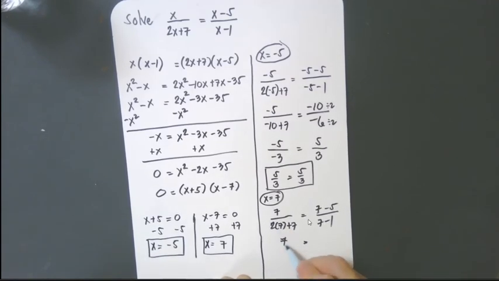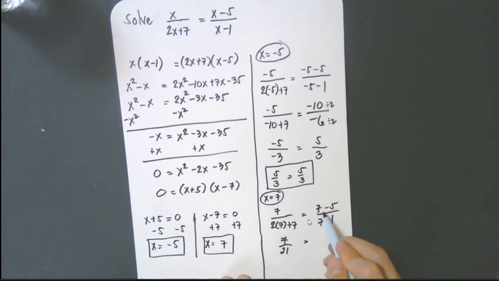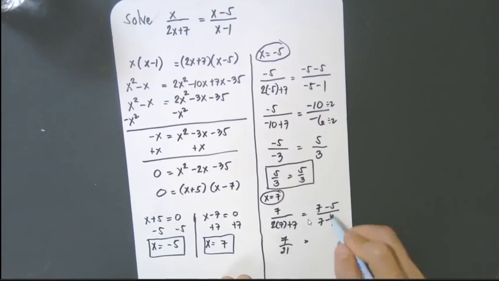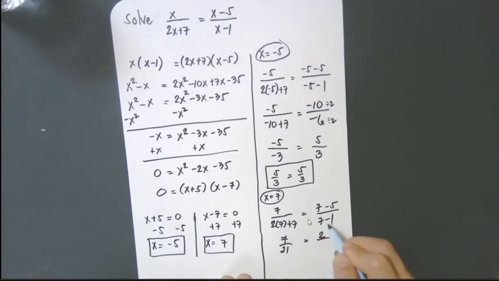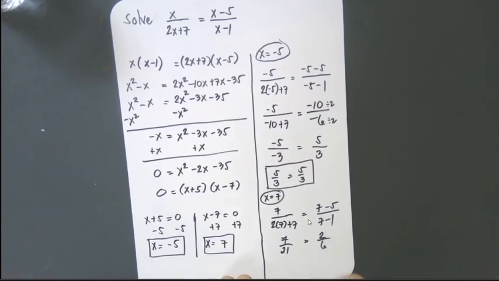So 7 over 2 times 7, that is 14, plus 7, that is 21. 7 minus 5, that is 2. 7 minus 1, that is 6. Simplify 7 over 21. Both are divisible by 7, so that will be 1 over 3. 2 over 6, both are divisible by 2, and that is 1 over 3.